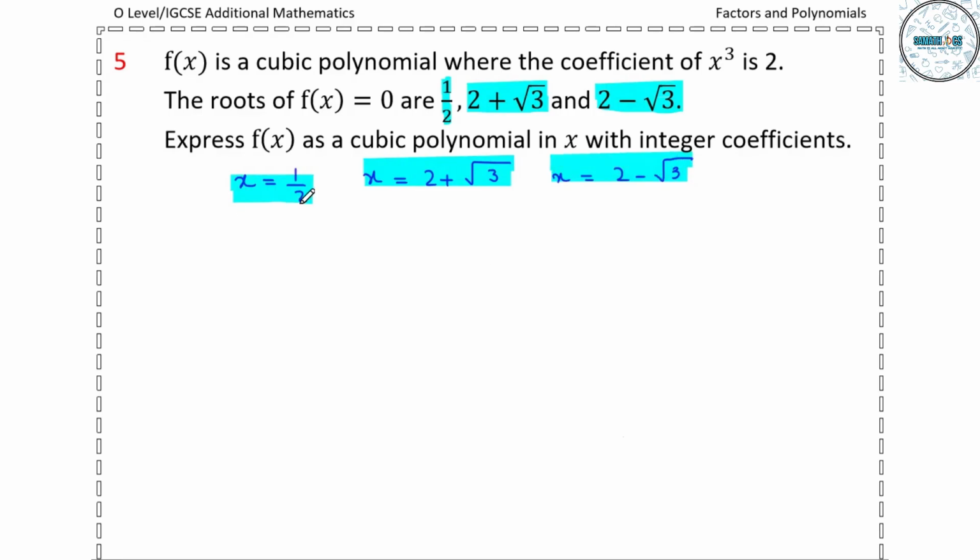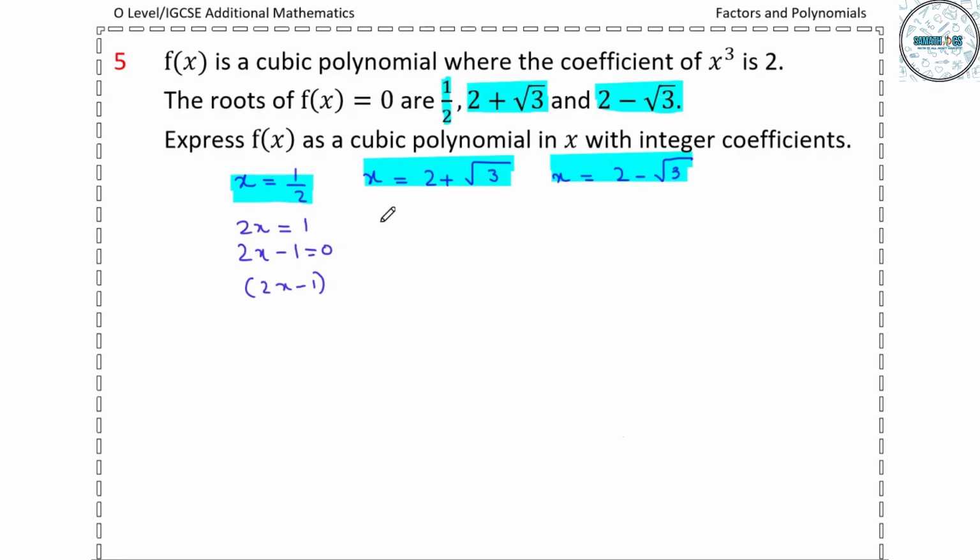We will do reverse working here. 2 multiplied by x is 2x is equal to 1. So 2x minus 1 is equal to 0, and the factor here is 2x minus 1. Here x is equal to 2 plus under root 3.